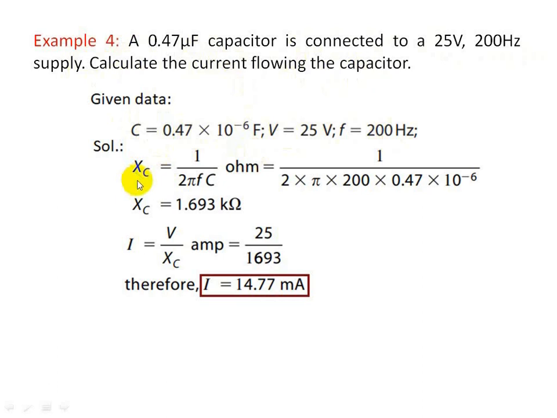The capacitive reactance is 1 by 2 pi FC. Substitute 200 for frequency and 0.47 into 10 to the power of minus 6 for the capacitance. The value of Xc is 1.693 kilo ohms. Then compute the current: the ratio of V by Xc gives you 14.77 milliampere.